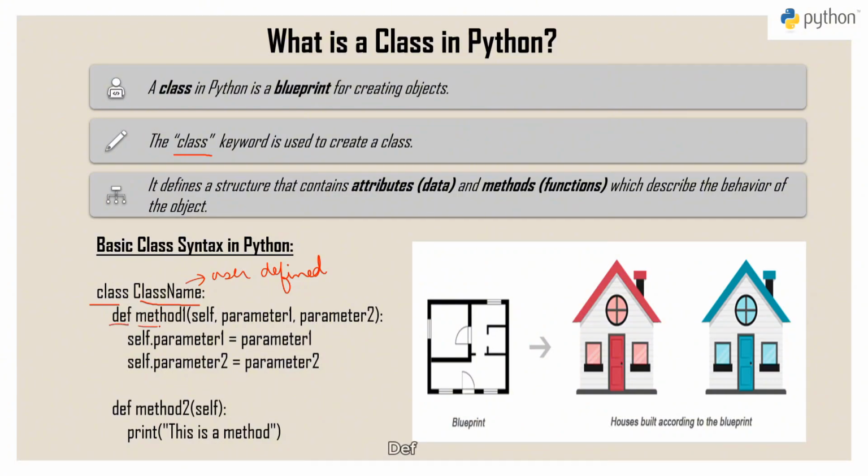Def method 1. Self parameter is the mandatory first parameter when I am defining a function or a method. I can have 1 parameter, 2 parameters, 3 parameters, however many parameters you need to pass in a method. Self dot parameter 1 equal to parameter 1, self dot parameter 2 equal to parameter 2, and then I am having a second method which is used for printing.